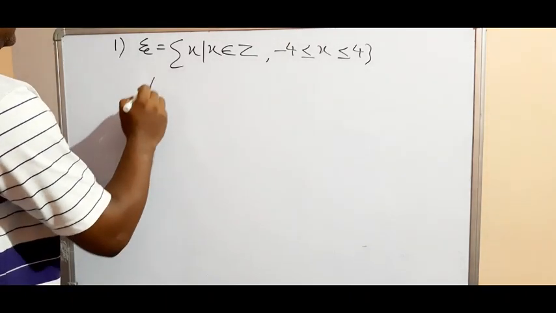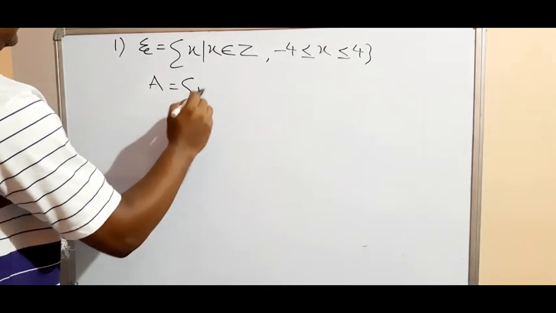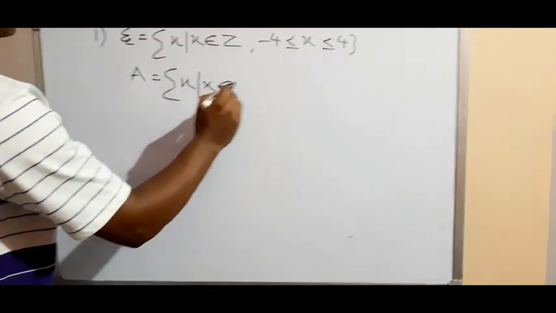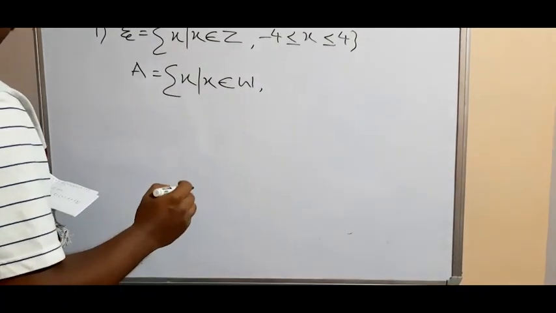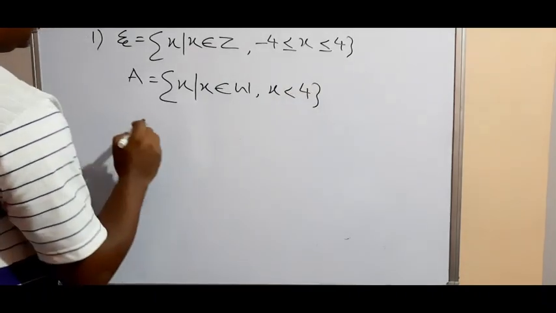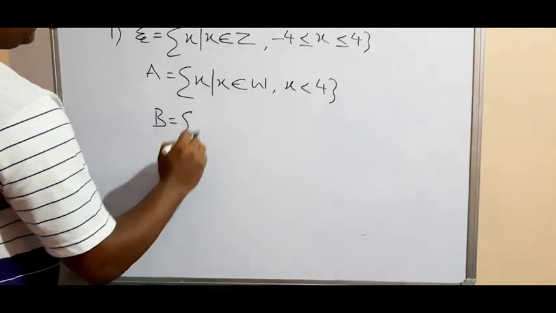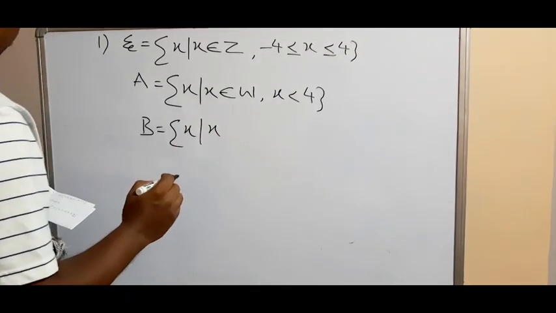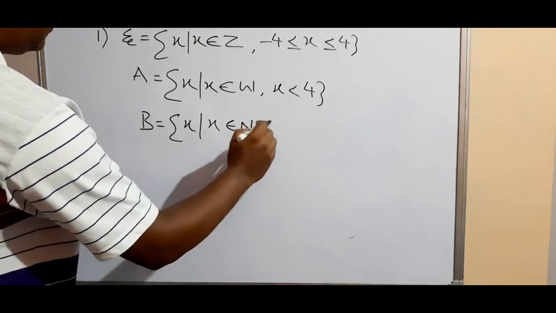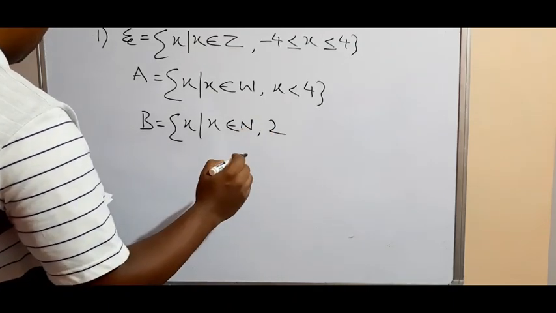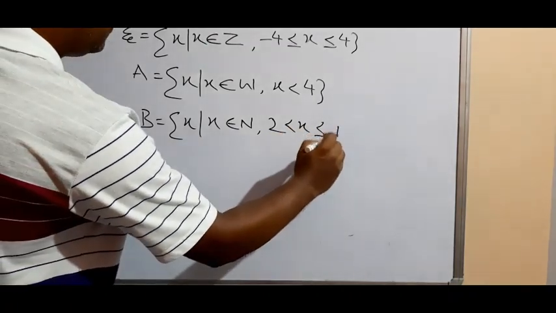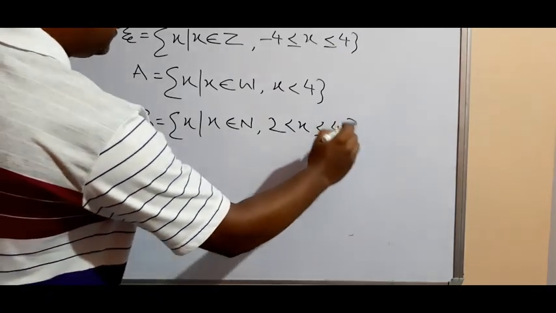Then set A is given as x such that x belongs to W, whole number, and x less than 4. Set B is given as x such that x belongs to N, 2 less than x less than or equal to 4. This is the question given.